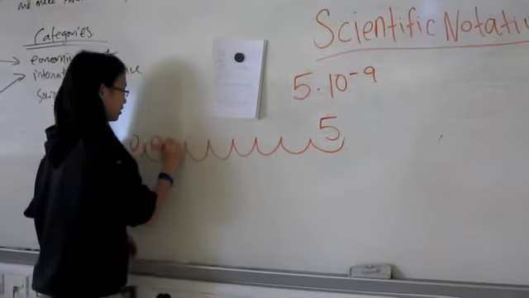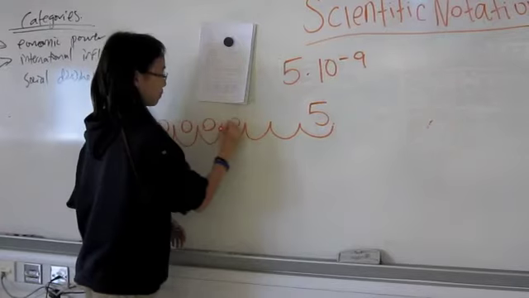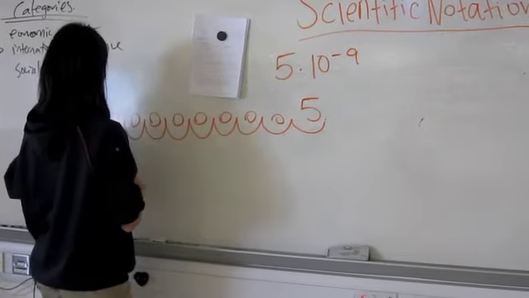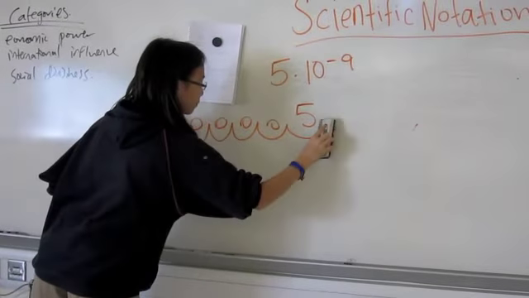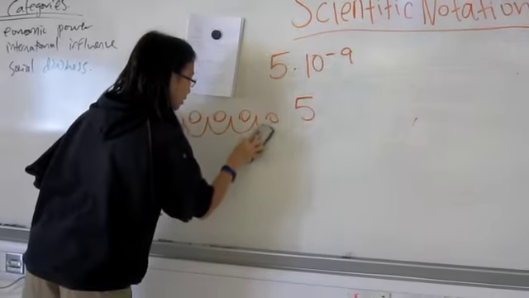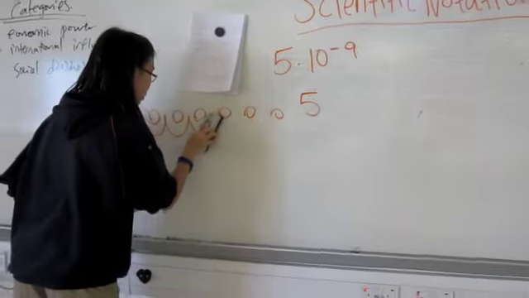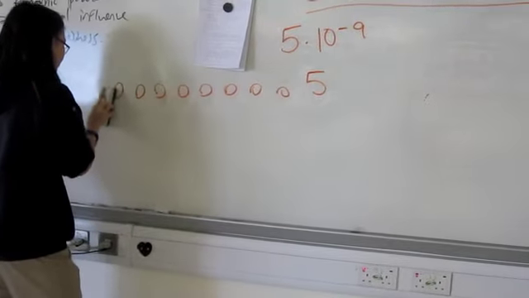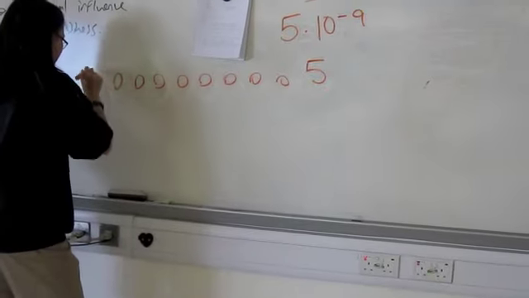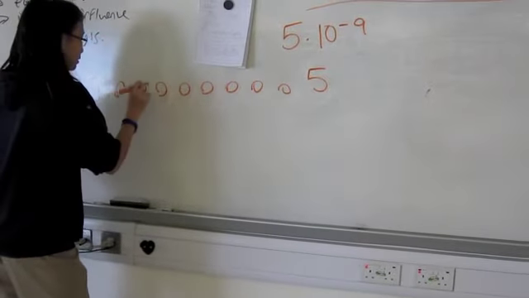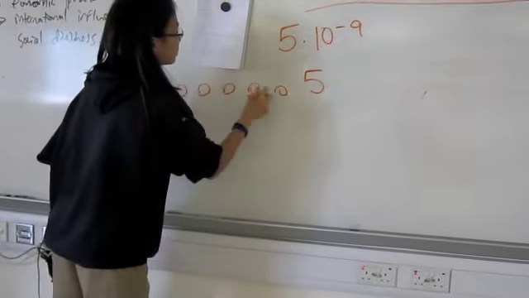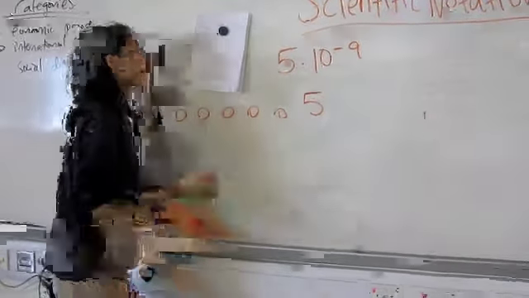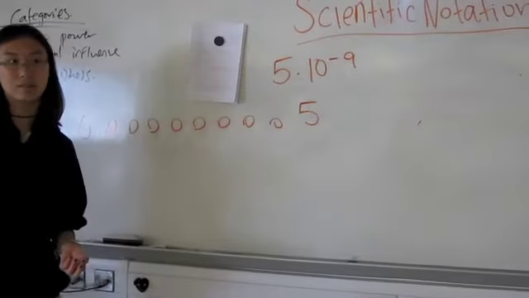And then you fill it all in with zeros. So then your final answer would be this long number with a zero: 0.000000005. And if you want to get it back to 5, just multiply it by the power of 9.